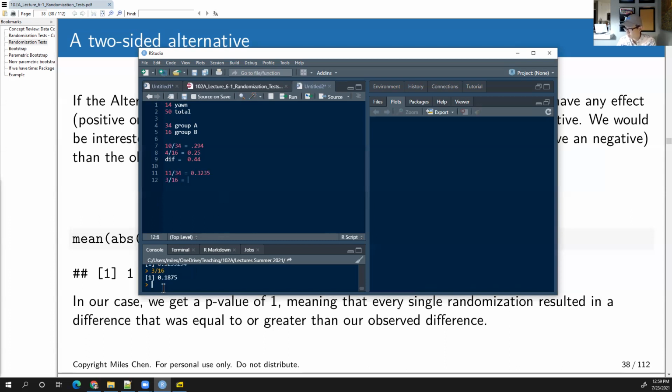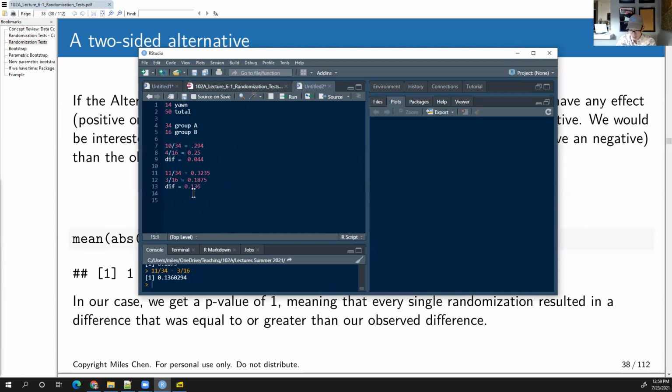So 3 out of 16 would be 0.1875. The difference between 11 out of 34 minus 3 out of 16 is 0.136. So you get anything else, you get a difference that's bigger than 4%.